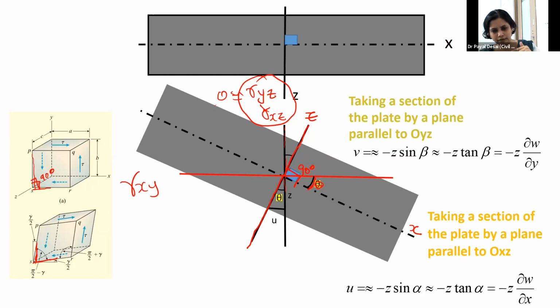So here in the case of the plate also, the rotations because of the bending will be only, not because of the shearing angle. There are rotations here due to shearing angle also, but that rotation, because it's a small angle, we can actually neglect it, and then shear strains are also neglected.